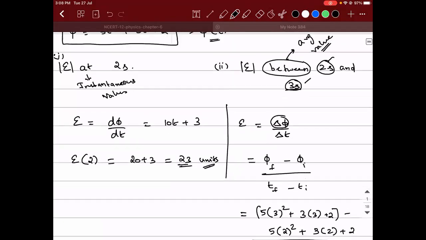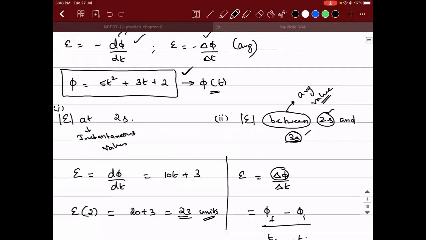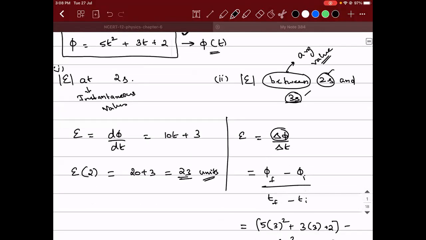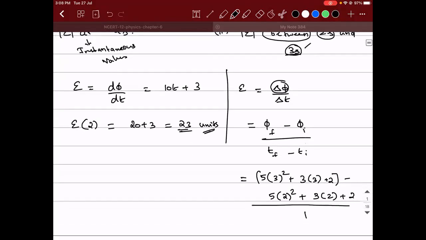Okay, see, these kinds of problems are not there in the textbook, but if at all they put a question like this, you need to know how to find the instantaneous and the average value. Right?